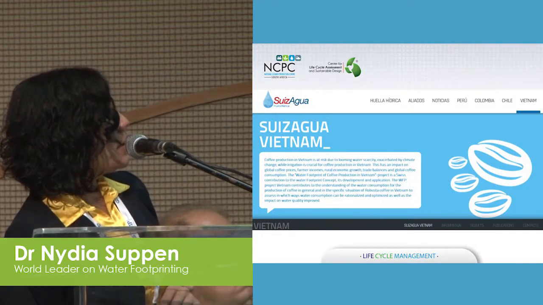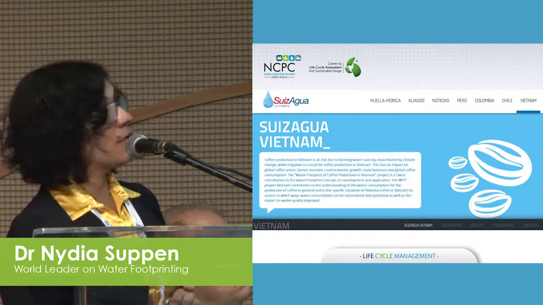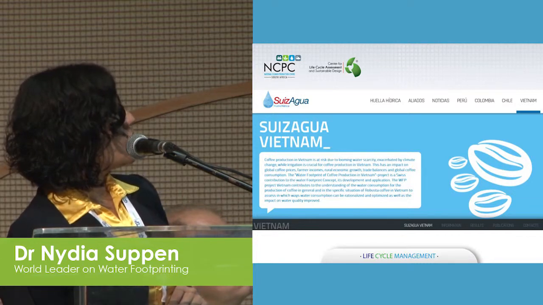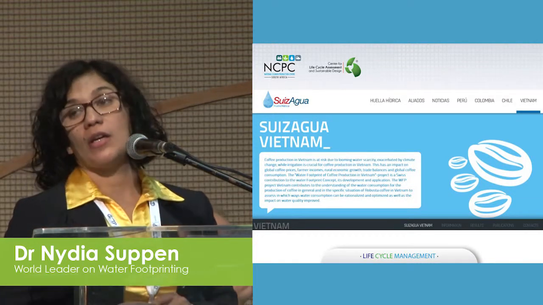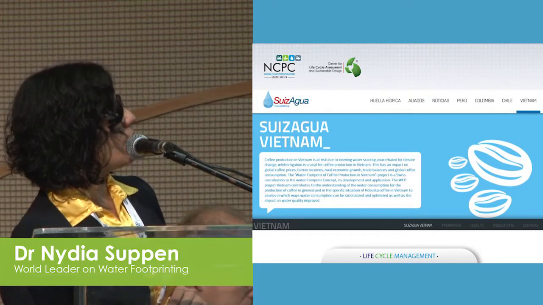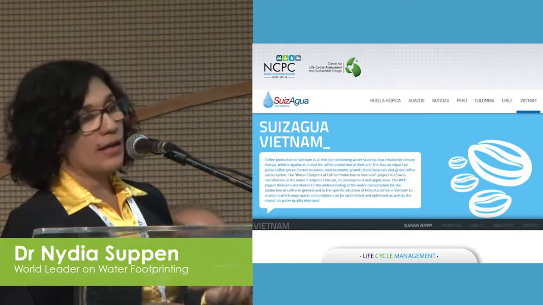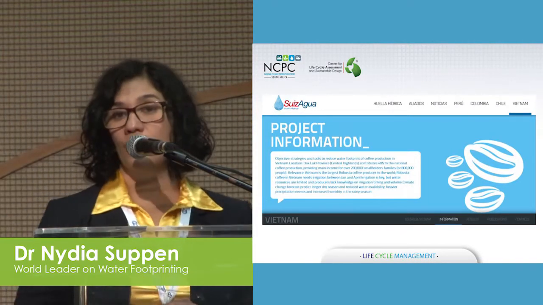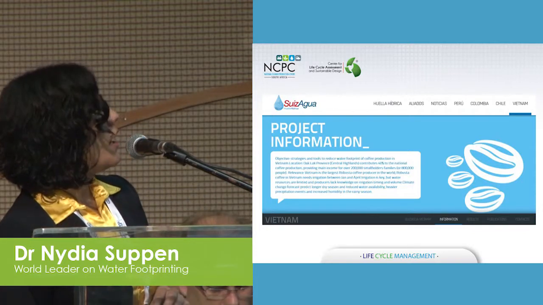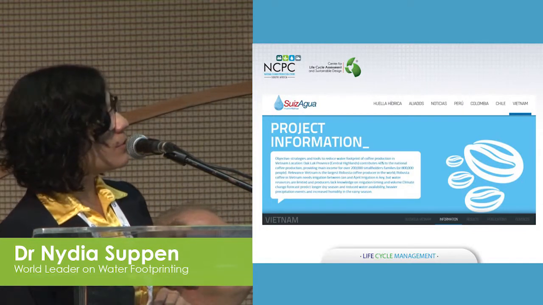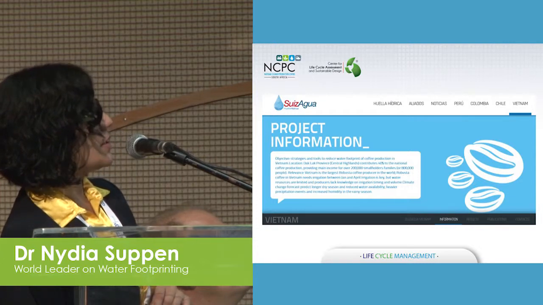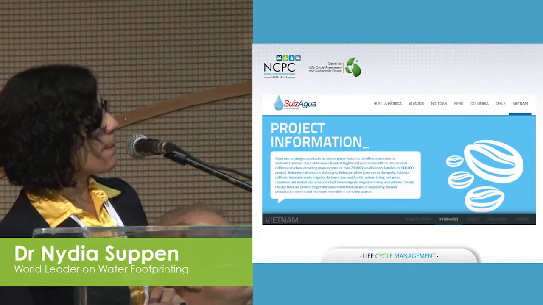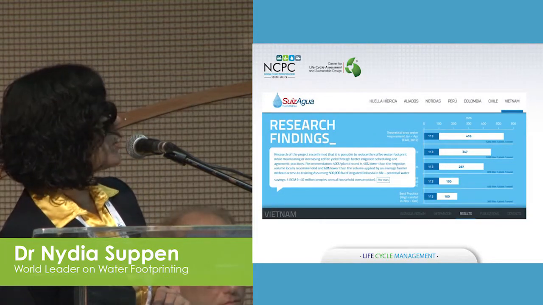In Vietnam, for example, they have worked with coffee, and they've been able to gather data from different plantations and to provide information about availability and degradation and the water footprint of coffee, so that they can improve the way they are operating, but also do some sort of improvements along the value chain. In Peru, for example, you can see down here, they have been working with Nestle and Duke Energy, which is the electricity company in Peru, and also some agricultural companies.